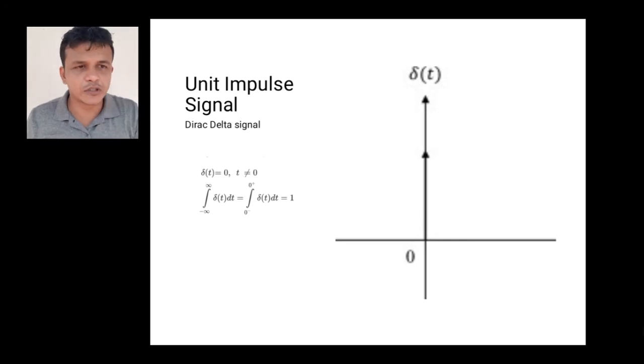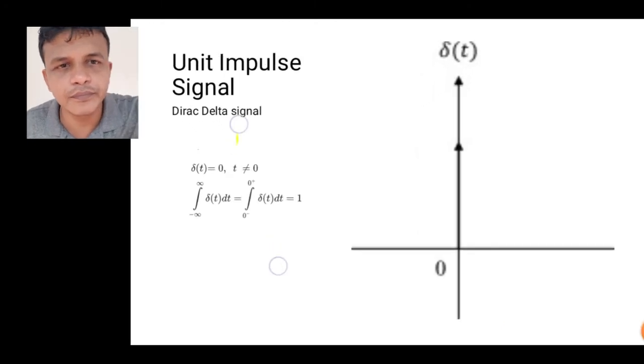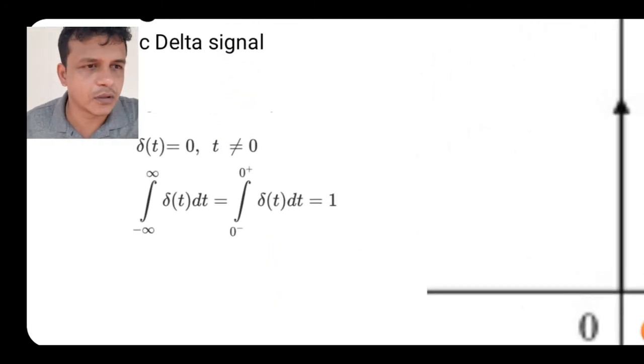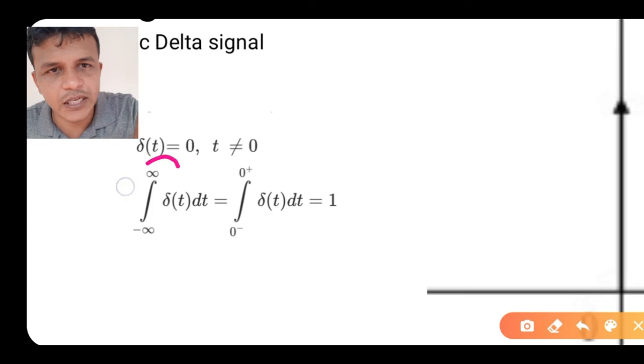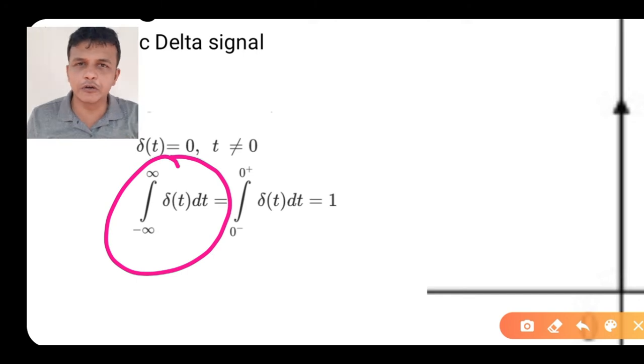As I mentioned already, it is a continuous signal. To study the area under the curve of a continuous signal we use integration. So integration from minus infinity to infinity of del of t dt. From minus infinity to 0 we do not have any amplitude, and from 0 to infinity we do not have any amplitude, only at 0 we have amplitude.